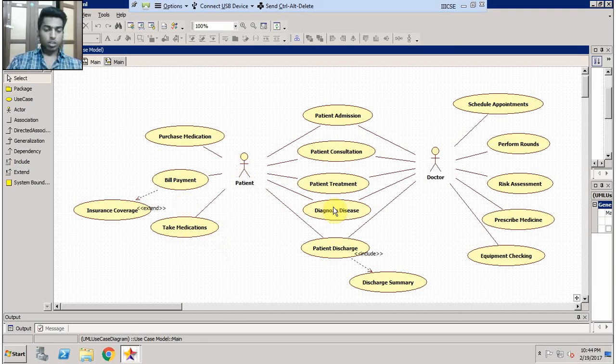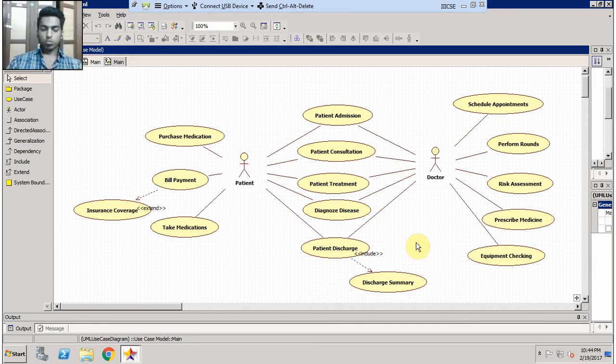Then comes disease diagnosis and patient treatment. Patient treatment is to treat the disease or monitor the patient after diagnosis. Diagnosis is the procedures required to detect the condition of the patient. Then the last one is patient discharge. Once the treatment is complete, the patient may be discharged, and this will also include the discharge summary.